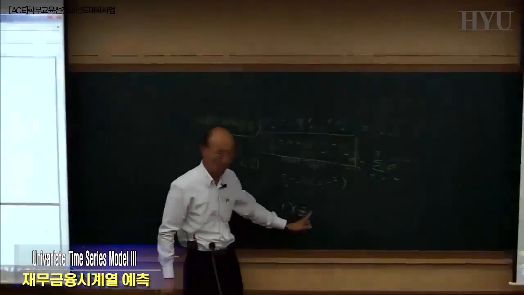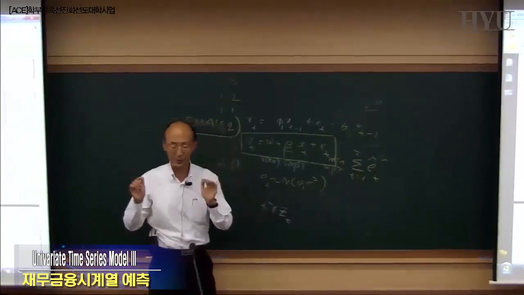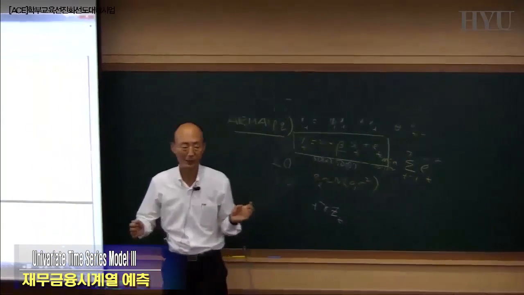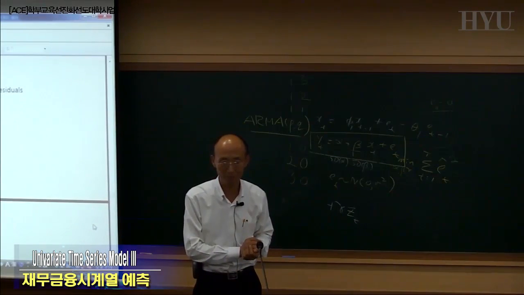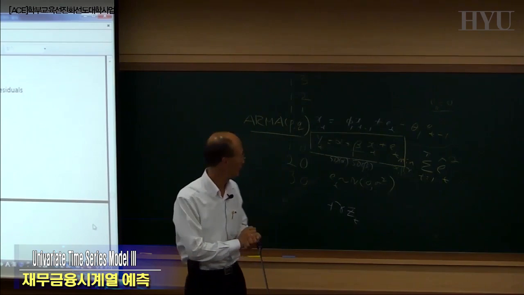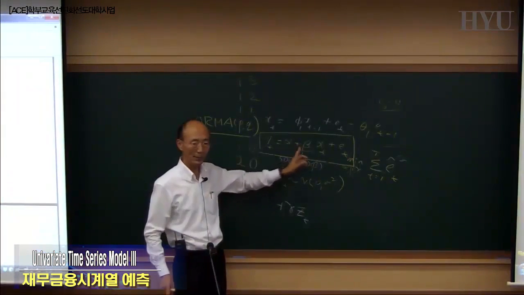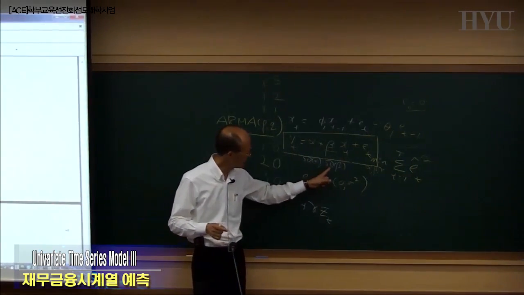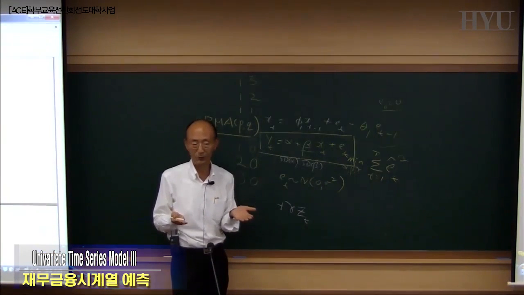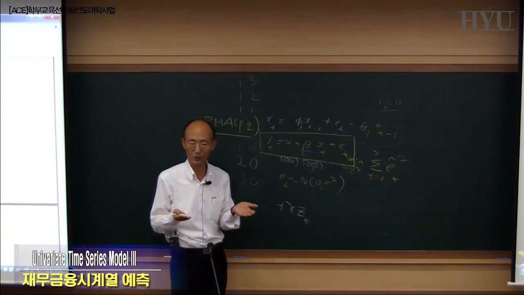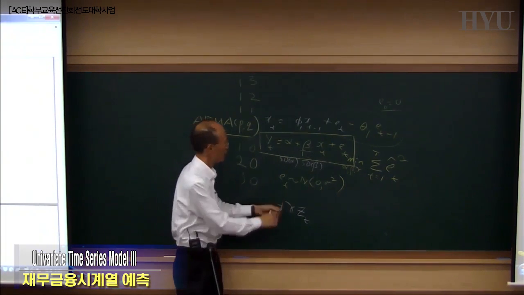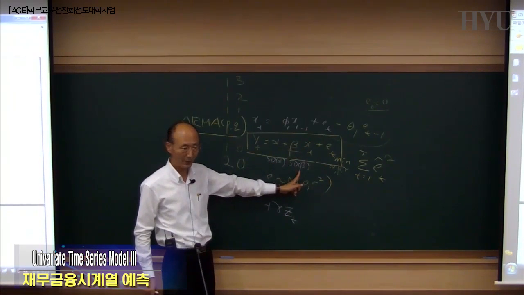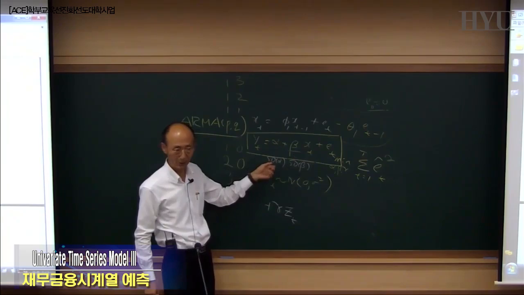But if you add more and more, the only downside is this number is going to be slightly increasing. So we say you are losing efficiency. It won't make your estimate for alpha and beta biased. There's no bias. It's okay. But this one is going to be slightly increased. So it becomes less efficient. So when you get rid of those, then you get the best estimate, unbiased one, and the smallest standard deviation. So largest t-value. Right?